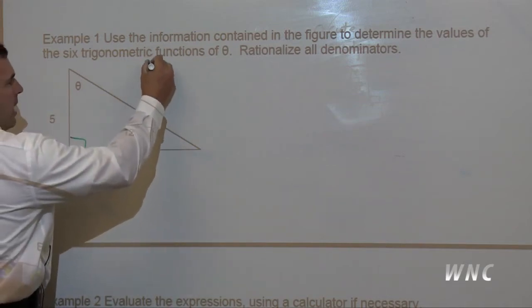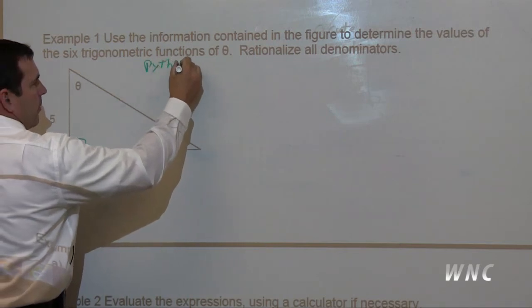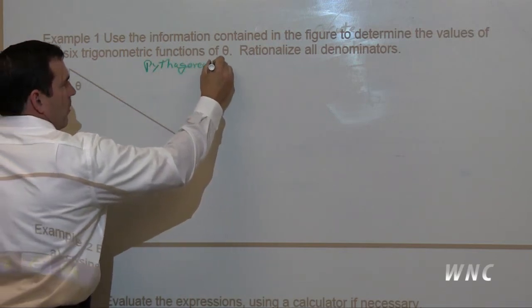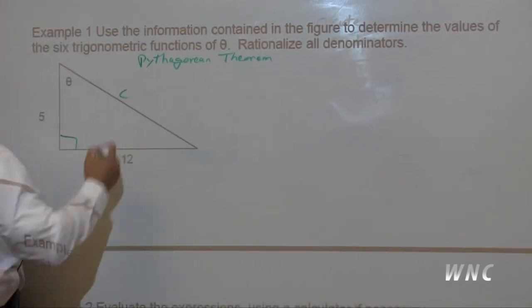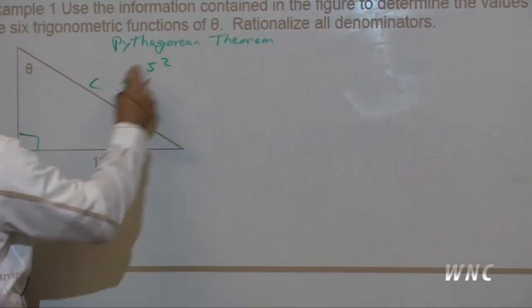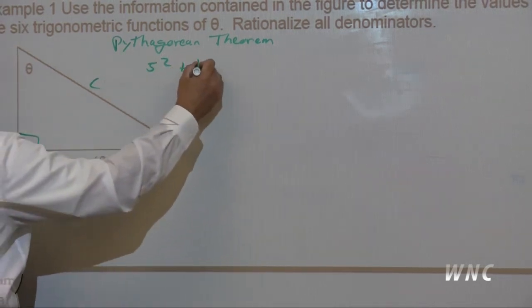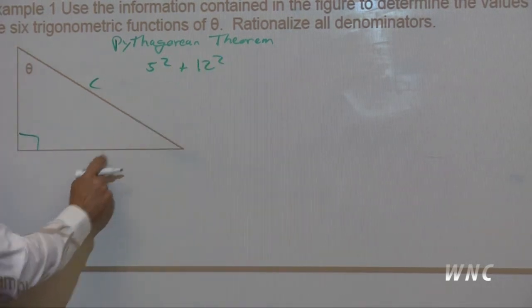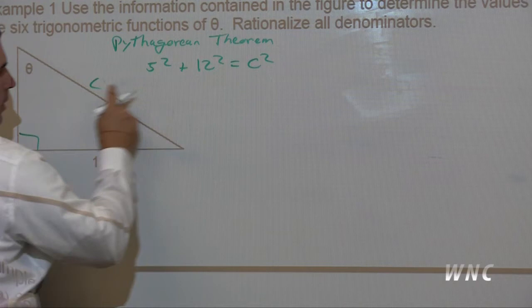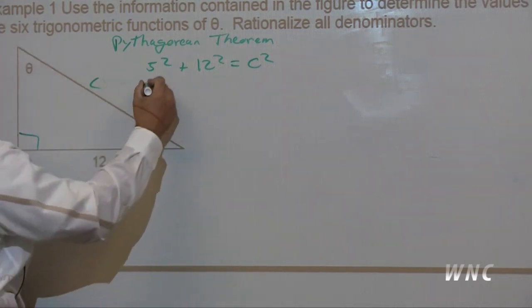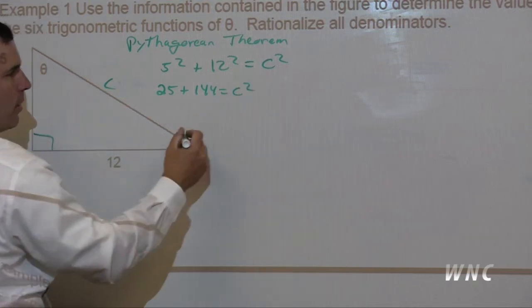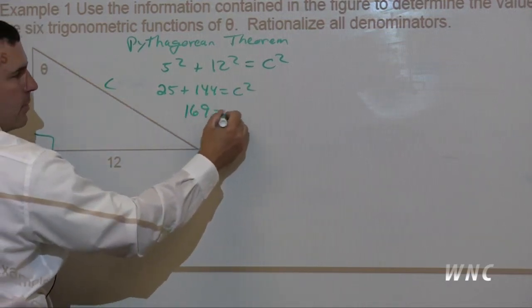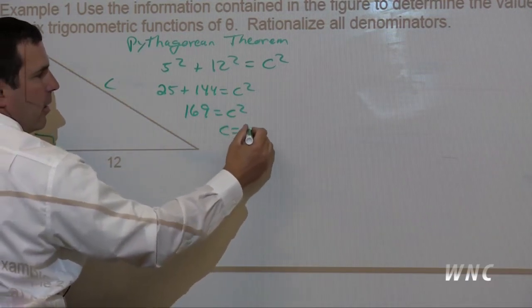Well, we can use the Pythagorean theorem. If we call this side C, we have 5 squared plus 12 squared equals C squared. C is the hypotenuse. So 25 plus 144 equals C squared, or 169 equals C squared, so C would be 13.